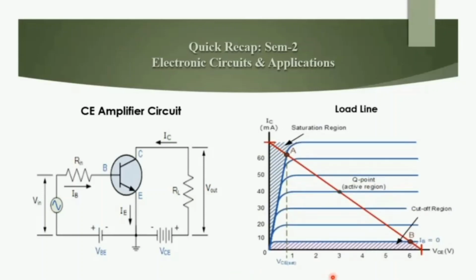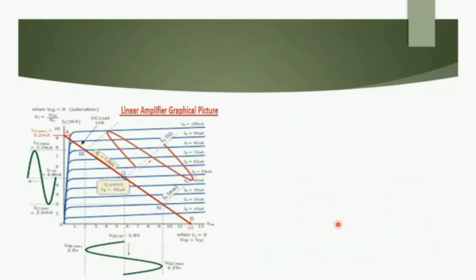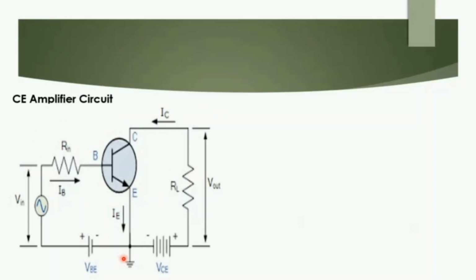Now, this DC biasing is used to set the Q point in the center of active region for linear amplification. As you can see here, as far as the input signal range is inside the active region, we will get linear amplification. Now, let's talk about the problems with this amplifier circuit.